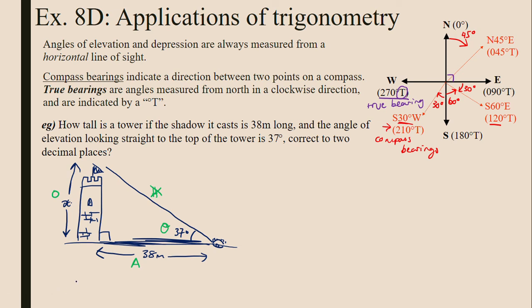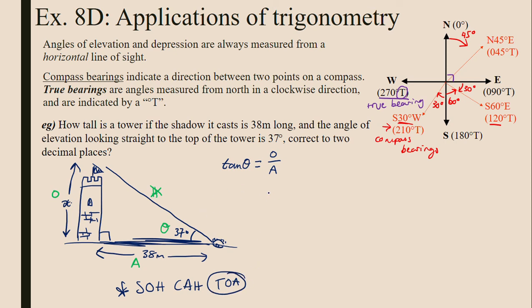We now need to substitute those values into the correct trigonometric ratio. So let's remember that O and A, that is tangent. So tan theta equals opposite over adjacent. Remembering SOH CAH TOA, we're using opposite and adjacent, that's our TOA.